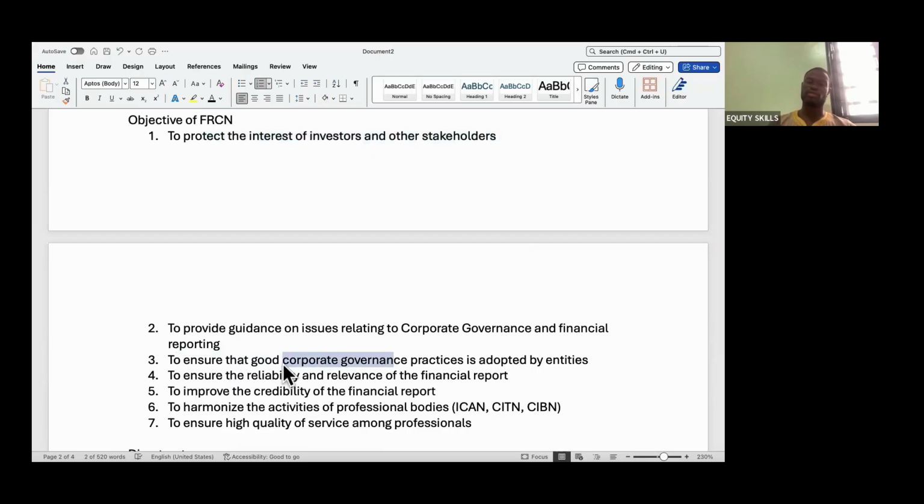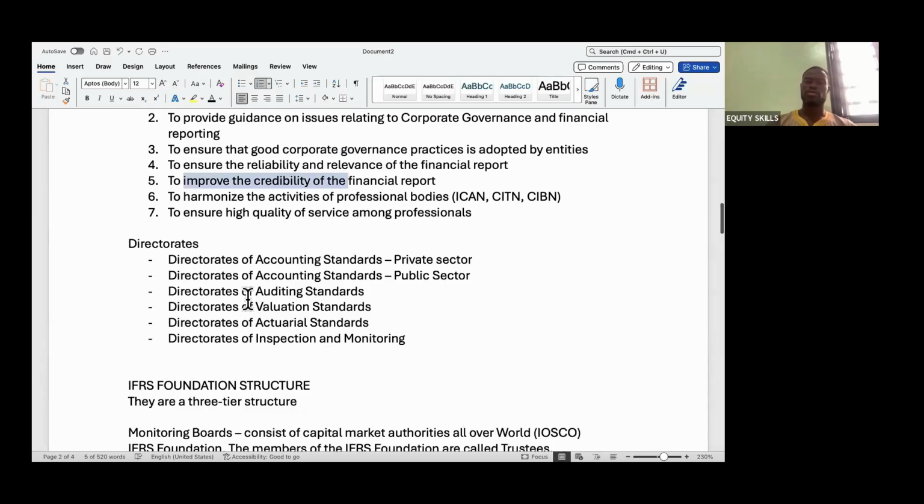That's the first four objectives here. And ultimately, all these actions will improve the credibility of their financial reports. I told you that they operate based on departments. They have different directorates, from the Directorate of Accounting Standards, both in the private and public sector, and all that.